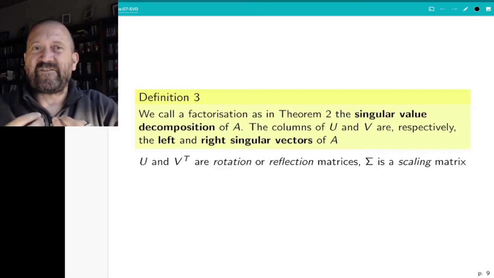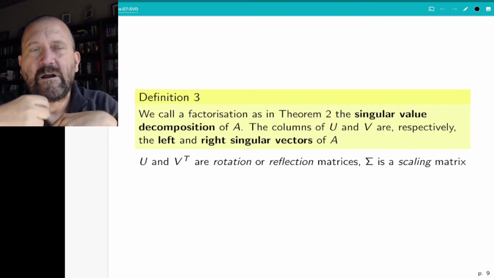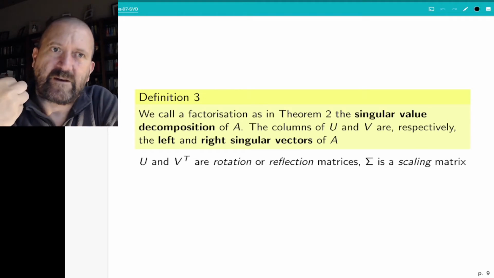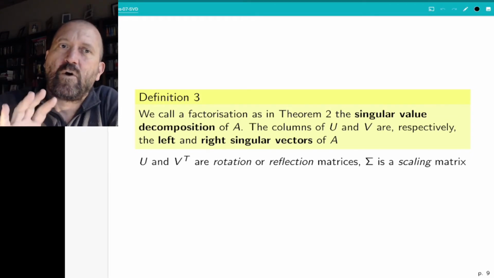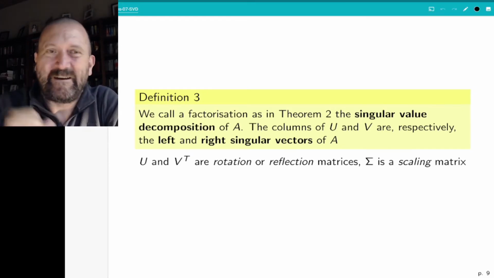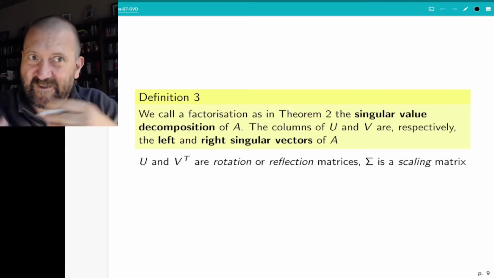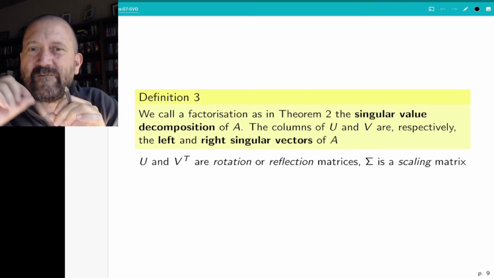And what this operation does is it decomposes. I'll remind you, something you have seen in first year, that matrices encode linear functions from Rn to Rm, etc. So they are linear transformations. And the matrices U and V transpose here are orthogonal matrices.